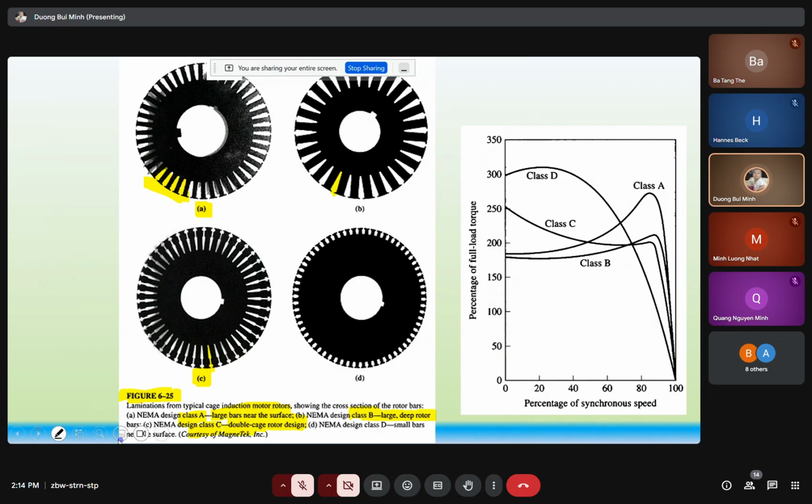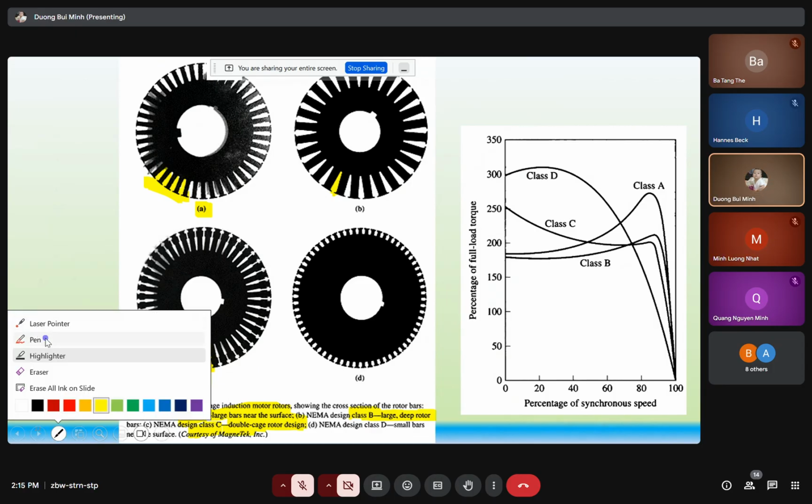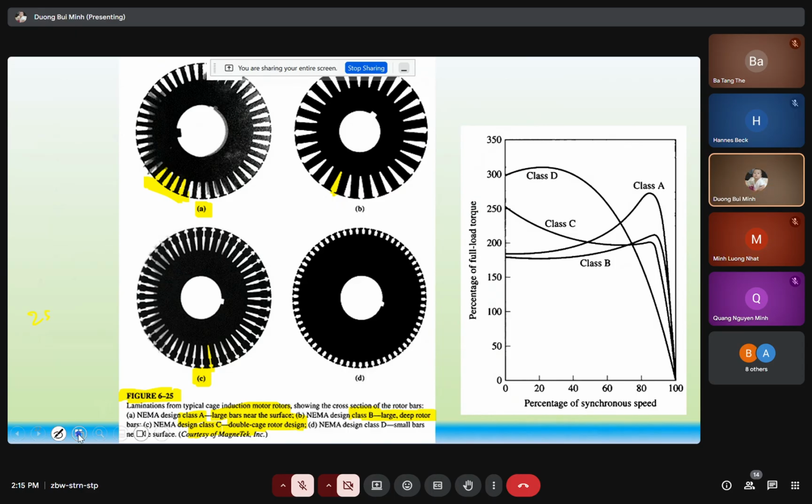So we have two stages, the first stage here and the second stage here. Class C is very good. The double cage rotor designs are very common for high power induction motors.